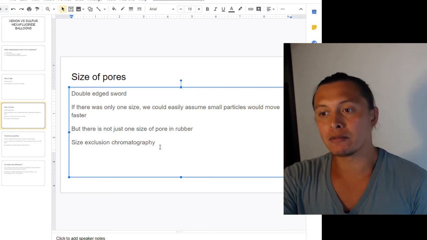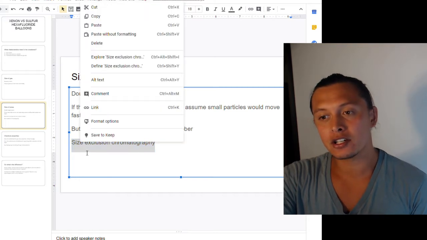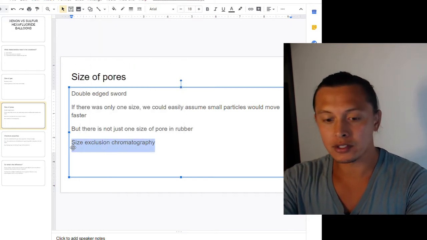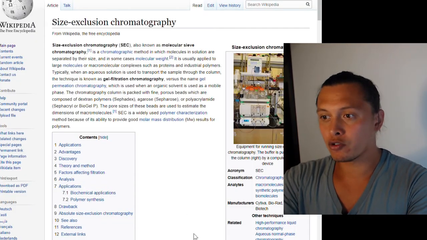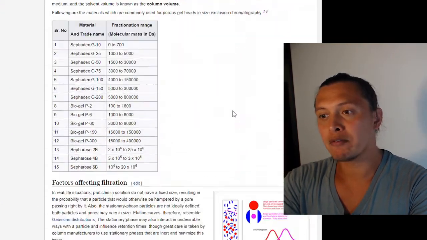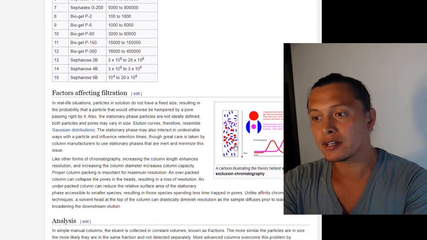So in biochemistry, we have a technique called size exclusion chromatography. Let me get that up for you. Size exclusion chromatography is when you have a material with a lot of different beads inside of it.